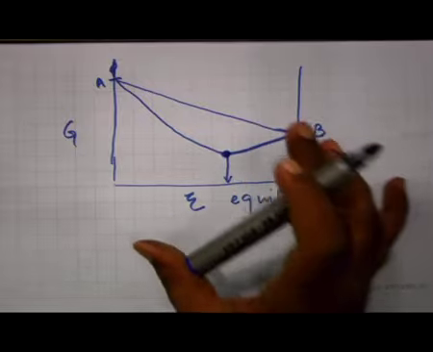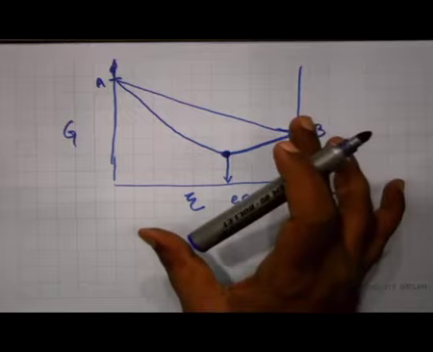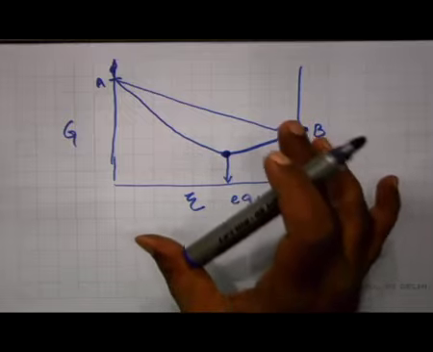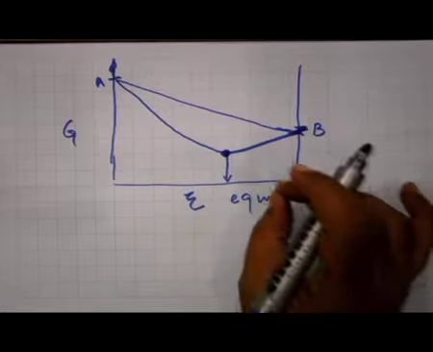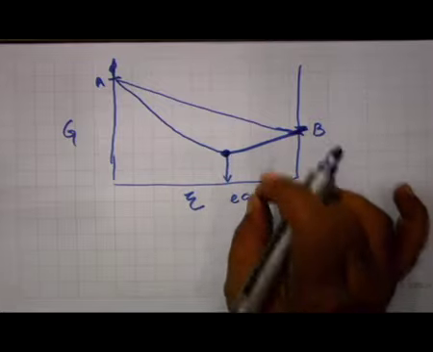When A and B get mixed, entropy increases, and so delta G of mixing makes a contribution to your total delta G.